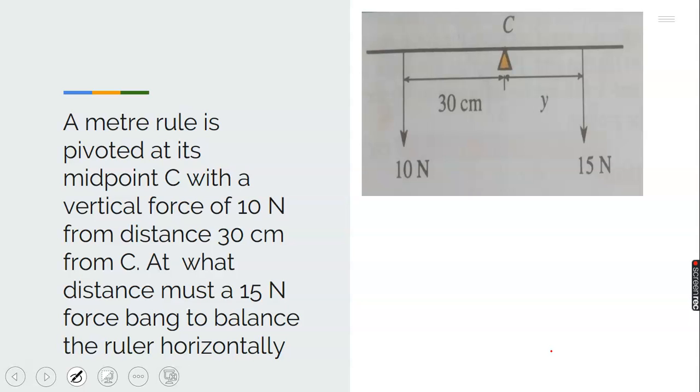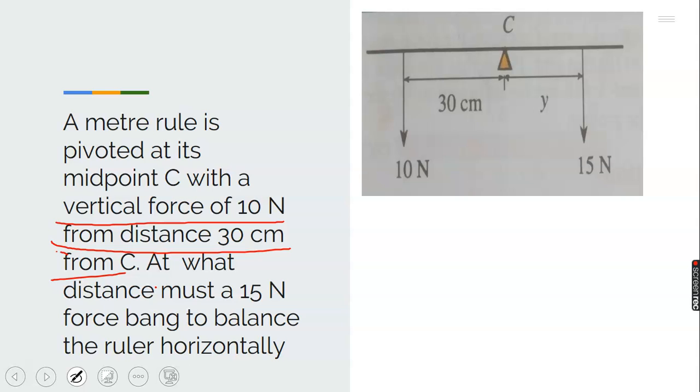Now, example. A meter rule is pivoted at its midpoint C, with a vertical force of 10 Newton at a distance of 30 centimeters from C. At what distance must a 15 Newton force be placed to balance the ruler?